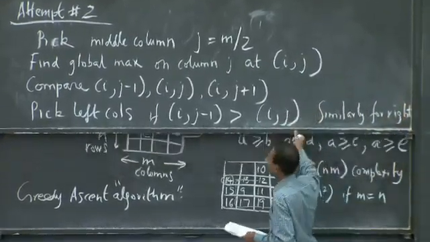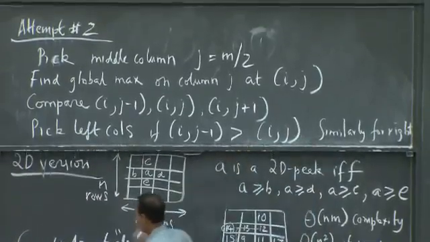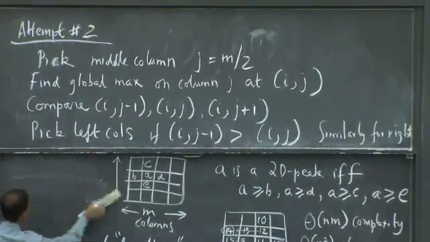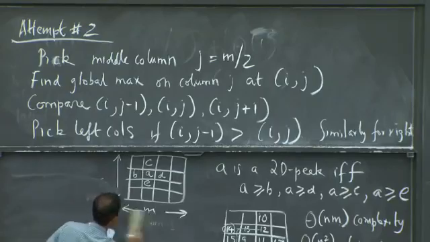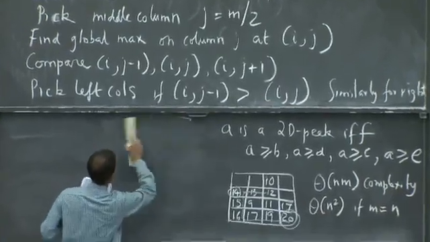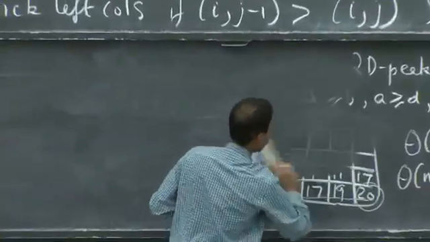And if either of these two conditions doesn't fire, and what I have is (i, j) is greater than or equal to (i, j minus 1) and (i, j plus 1), then I'm done.